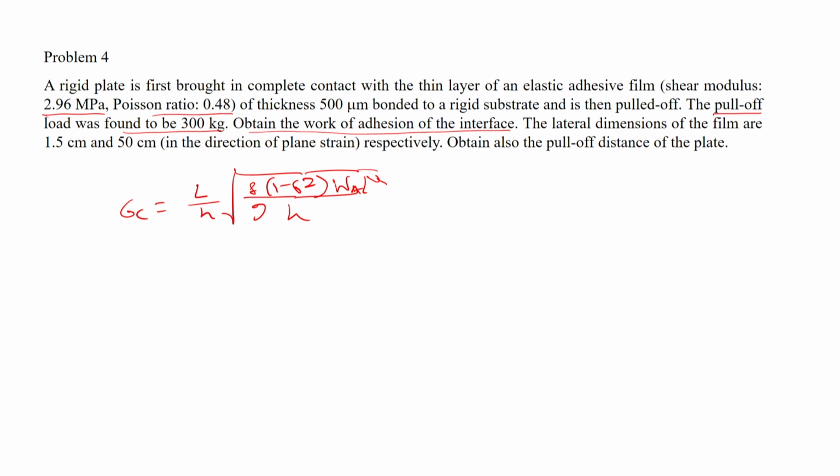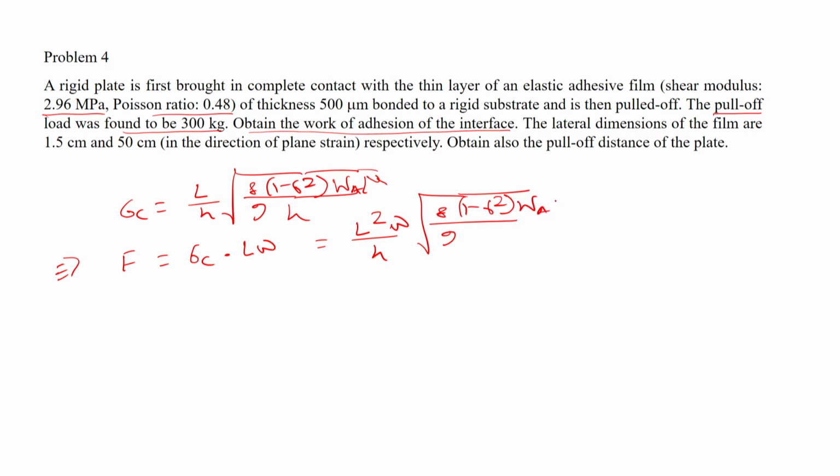So, we have to multiply it by the area. So, F will be equal to sigma c into L into W, this is the width. So, that will be equal to L square W by H, L into W to multiply. So, that is what I have done. So, 8 by 9 into 1 minus sigma square and W A into mu by H, that is the result.